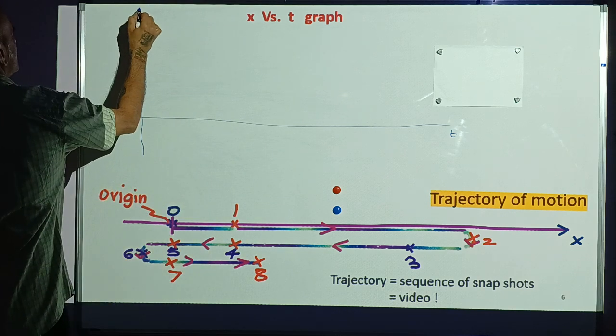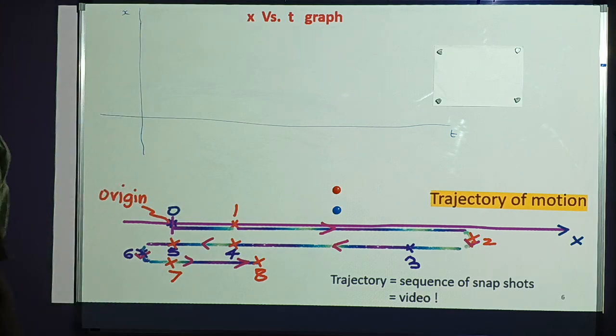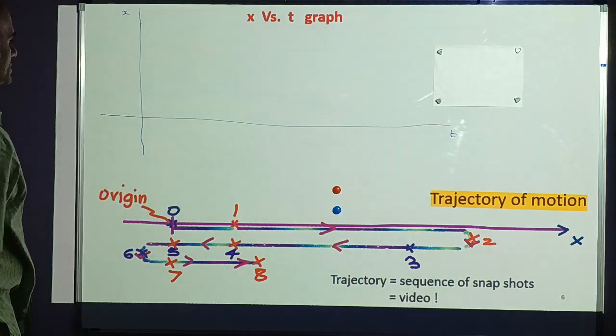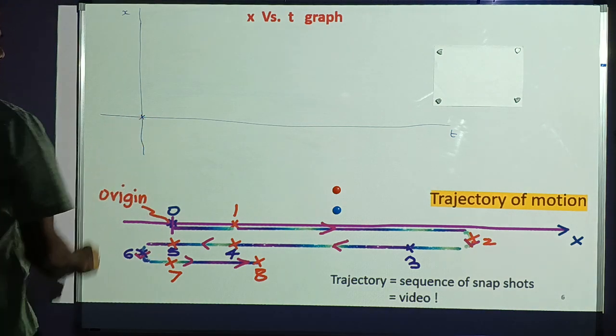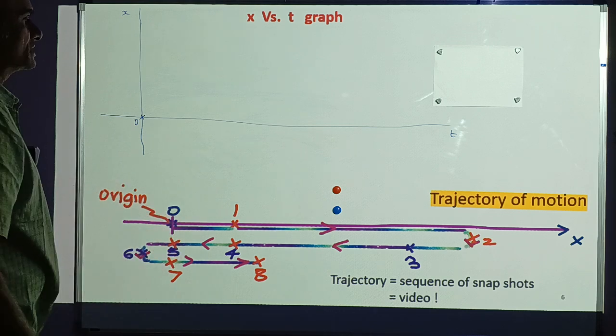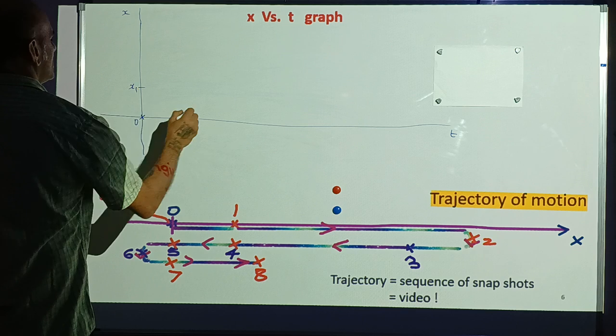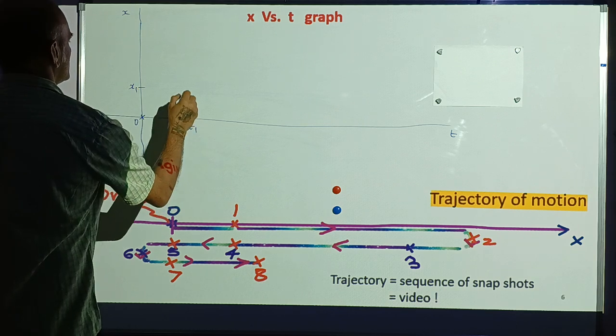So given this trajectory, one can draw an x versus t graph. At time t naught, it's at the origin. So this is at 0 point. At time t1, it's at location x1. So this is x1, and this is say t1.